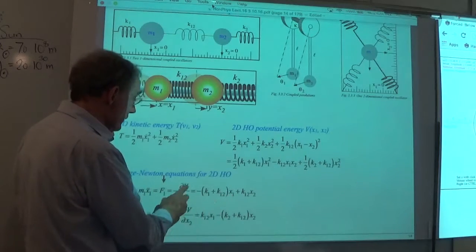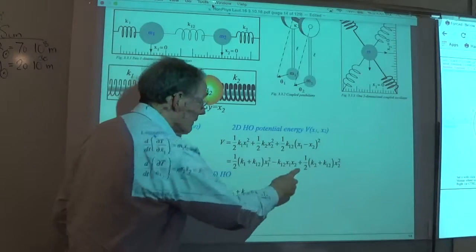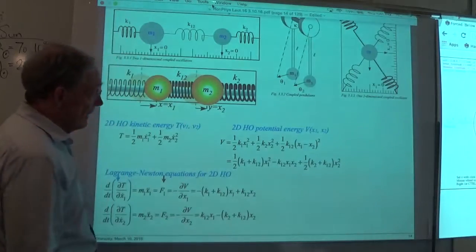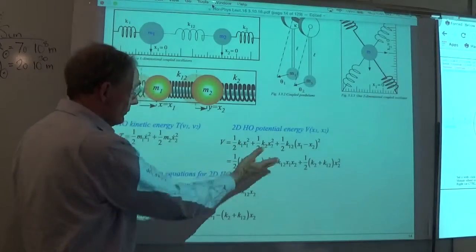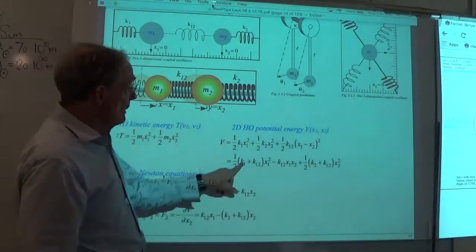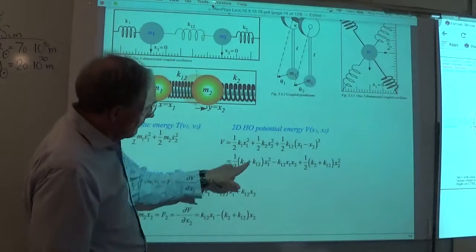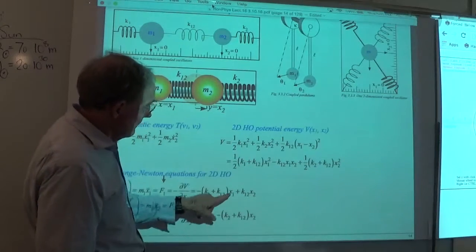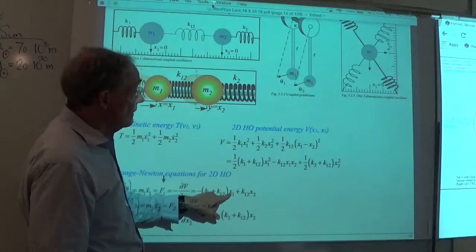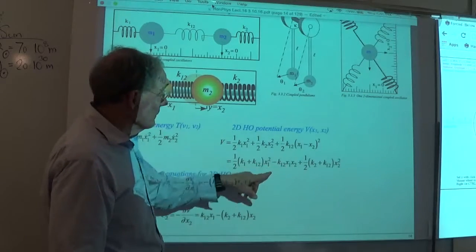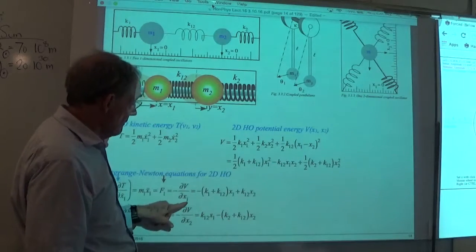So taking this potential right here and doing that either on this one or this one's easier to do, right away I get here a modified spring constant times the distance here, and then same thing here when I take a derivative with respect to x1.